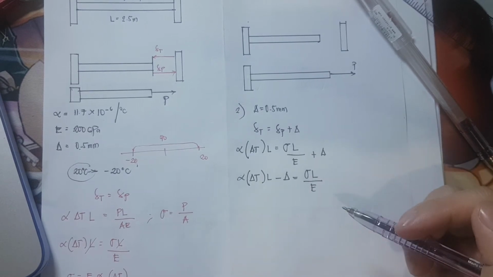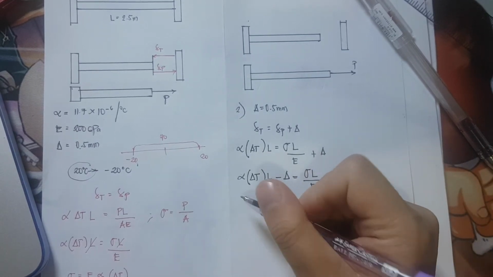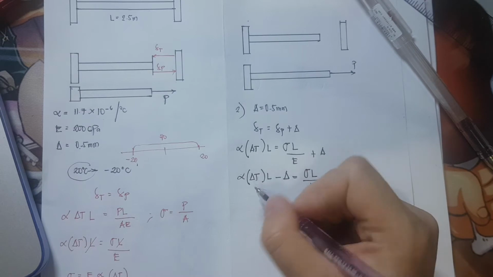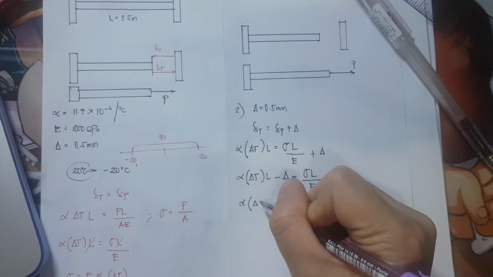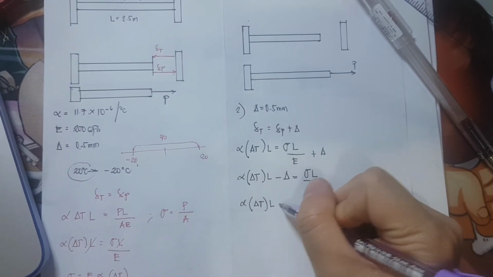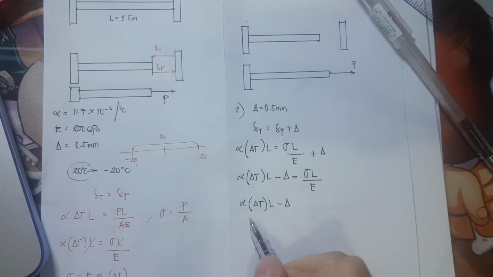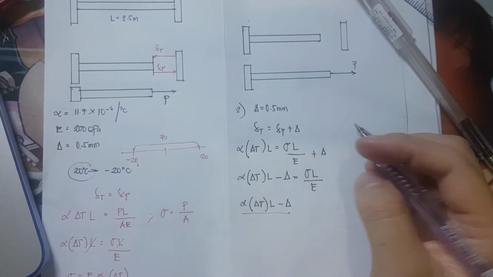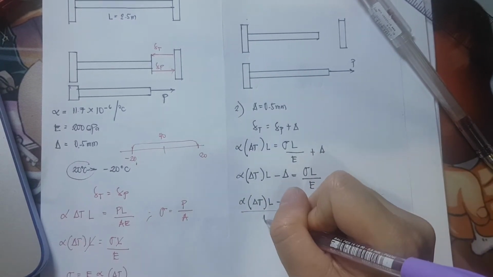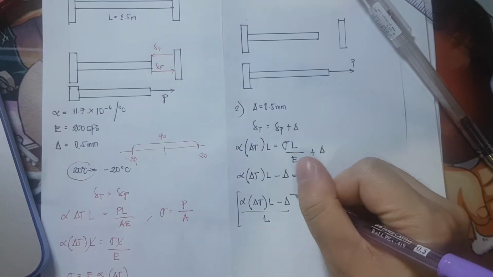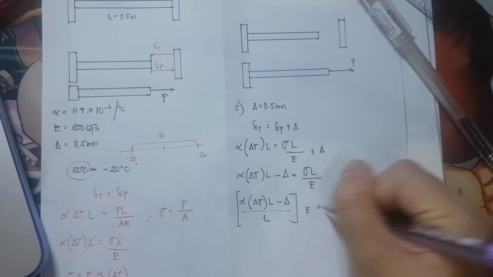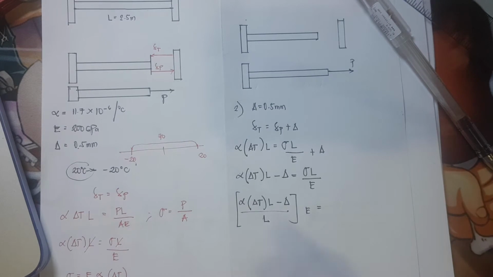Cross multiply. We will be having alpha delta T times L minus delta, divided by L, times E, and that is equivalent to sigma.